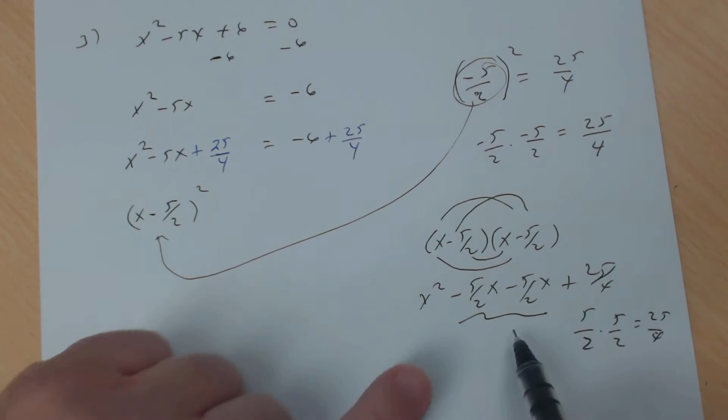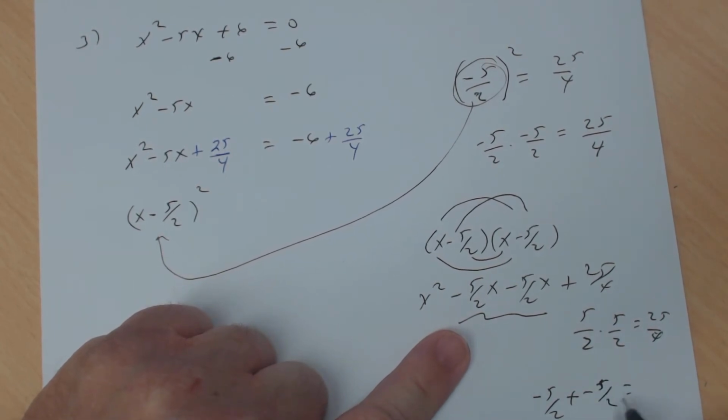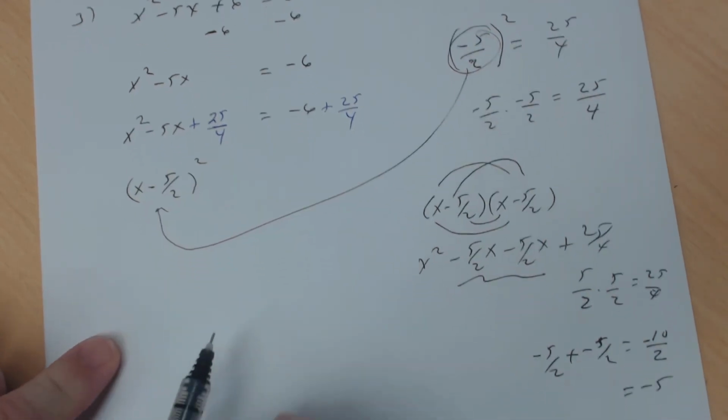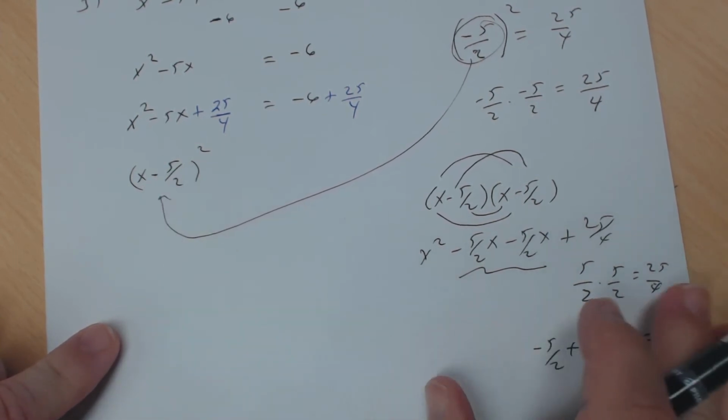Then combine like terms. You have a negative 5 halves plus another negative 5 halves, and when I add these, that's negative 10 halves, which is a negative 5. And that's what you wanted.